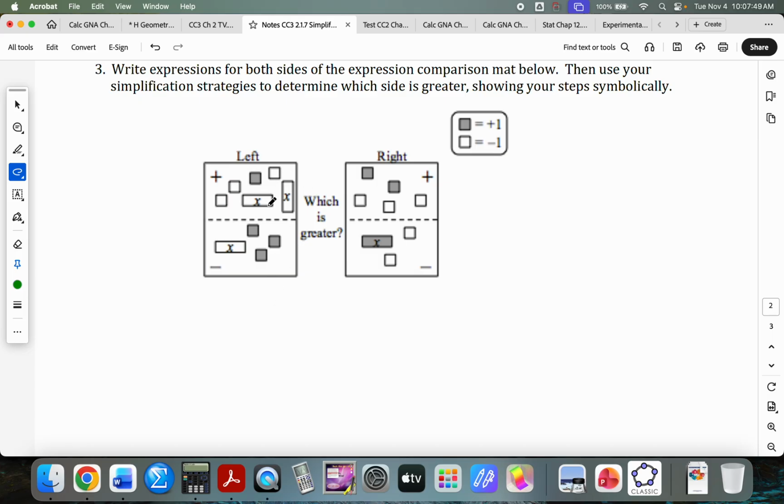First of all, let's write exactly what we have. So on the left side, we've got 1 minus 3, minus, not minus 3x, just minus 3, minus 2x, minus, in the negative region, a negative x plus 3.